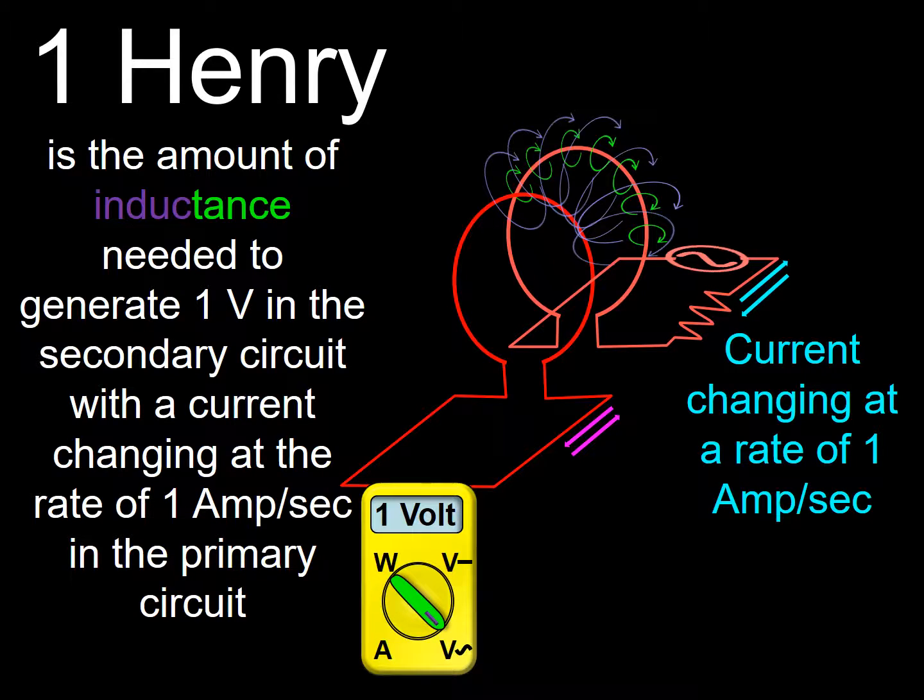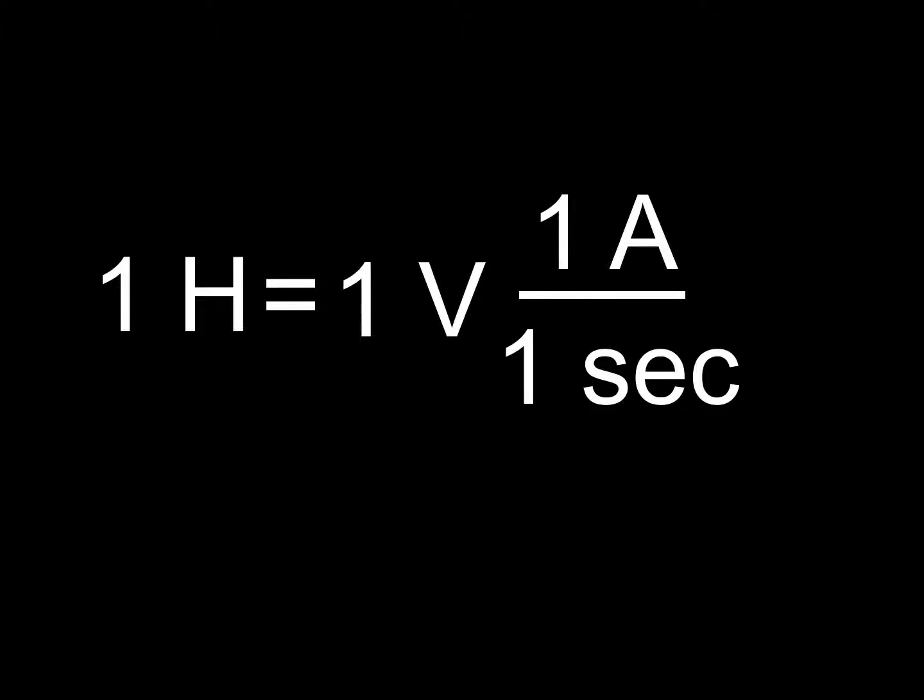1 Henry is the amount of inductance needed to generate 1 volt in the secondary circuit with a current changing at the rate of 1 amp per second in the primary circuit. The formula in this frame implies what I just mentioned regarding a Henry.